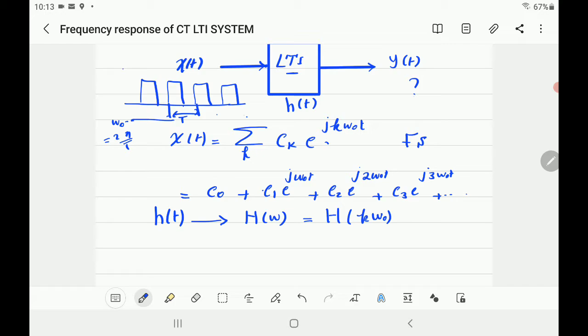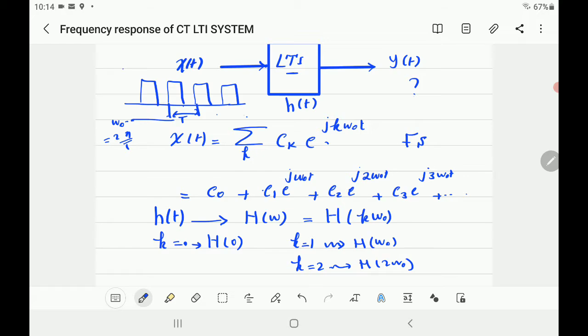If you put k equals 0, you have the frequency response H of 0. If k equals 1, you have the fundamental, H of omega naught. When k equals 2, that would be H of 2 omega naught. So it varies with the frequency, and you choose the component like you have in the input.